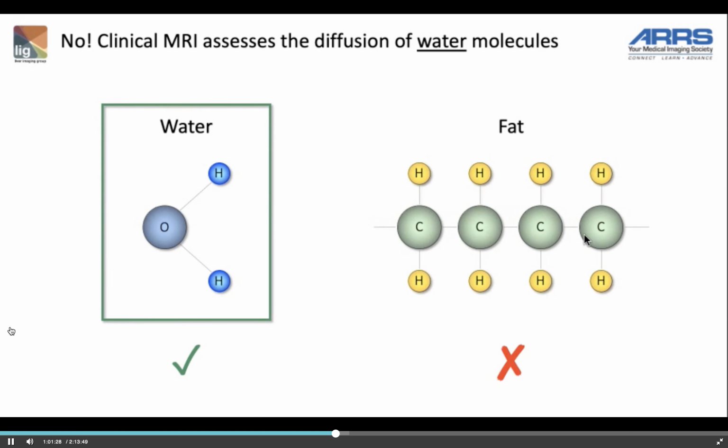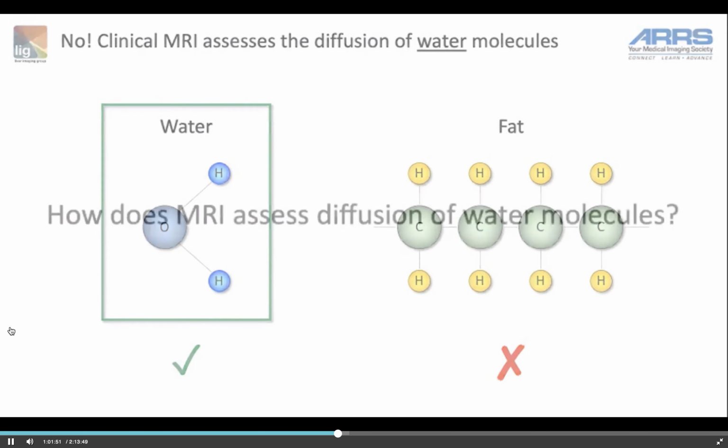It doesn't assess the diffusion of protein molecules. It assesses the diffusion of water molecules. Now, the diffusion of water molecules may or may not be affected by the presence of fat, may or may not be affected by the presence of proteins and other structures, but what we're actually looking at in 2021 is the diffusion of water molecules.